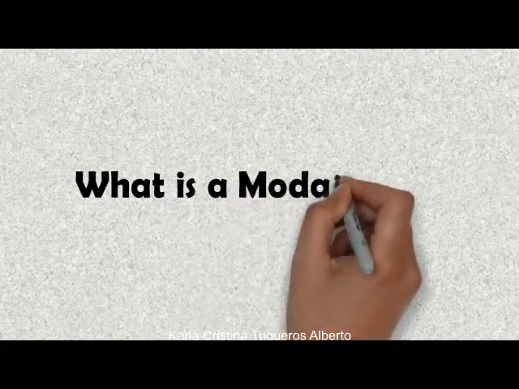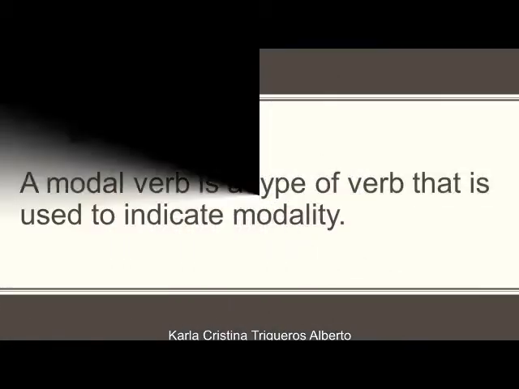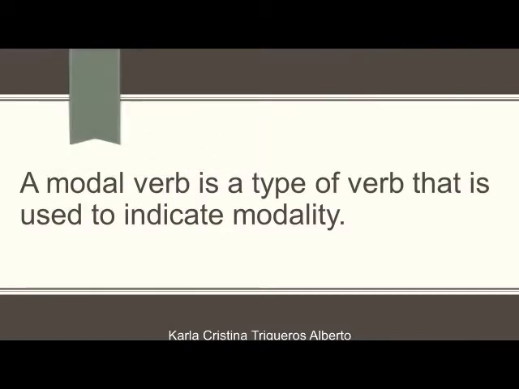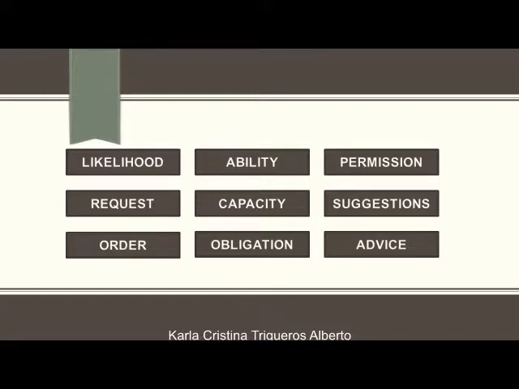First, let's see. What is a modal verb? A modal verb is a type of verb that is used to indicate modality, that is, likelihood, ability, permission, request, capacity, suggestions, order, obligation, and advice.